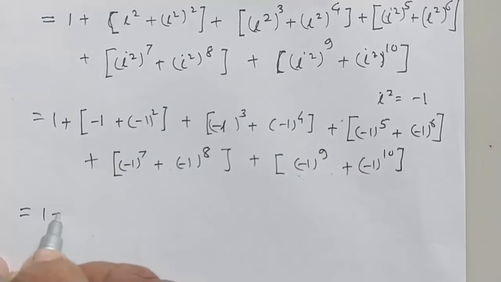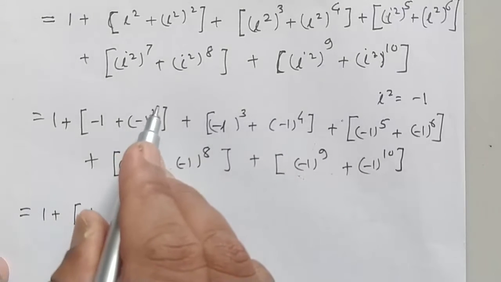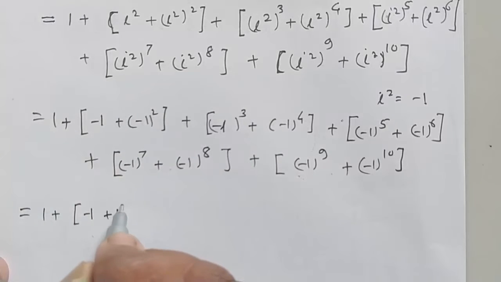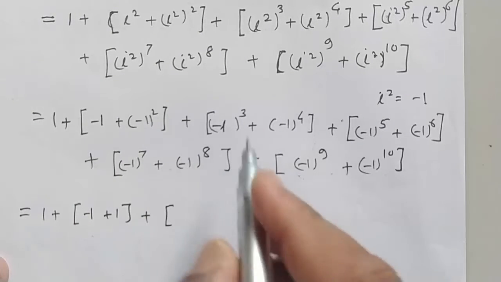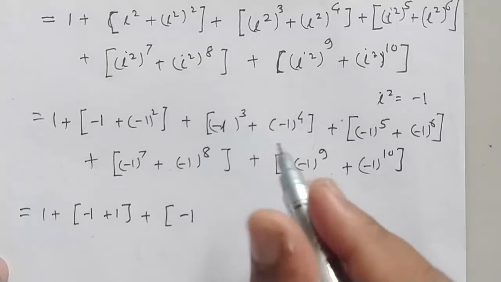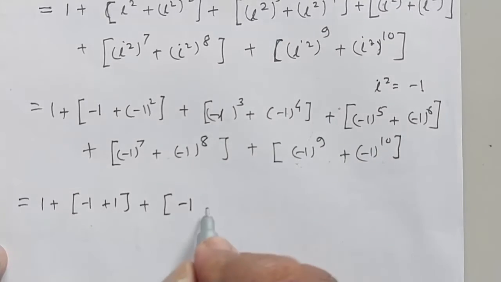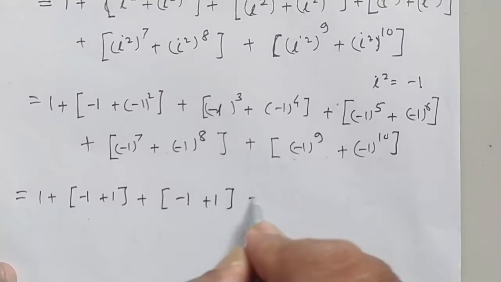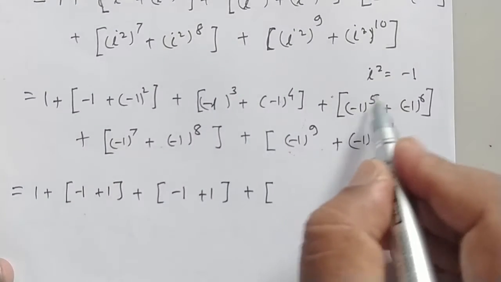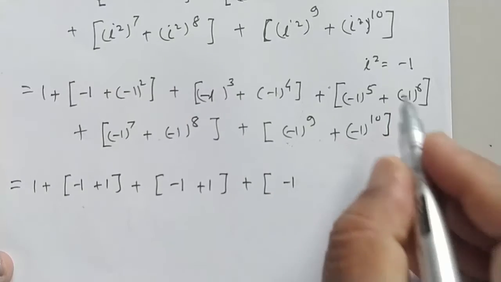So, therefore, 1 plus minus 1 whole square, so it is plus 1. Similarly, here minus 1 raised to 3, index is odd, so it is minus 1. Here minus 1 raised to 4, index is even, so it is plus 1, plus minus 1 raised to 5, index is odd, so it is minus 1.